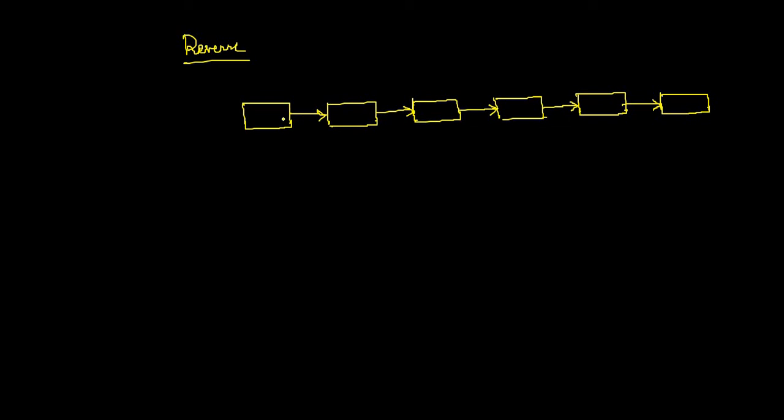Suppose this is the situation, and obviously the addresses are 100, 200, 300, 400, 500, 600, and this is null.